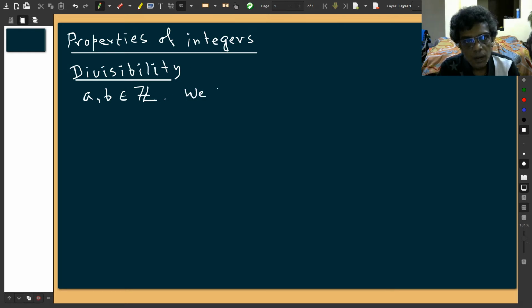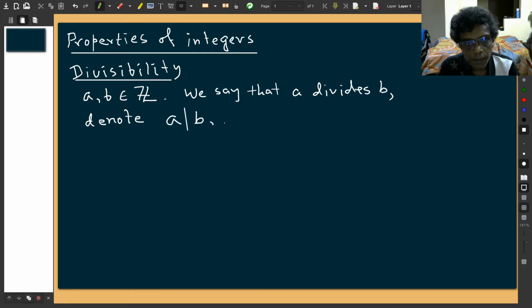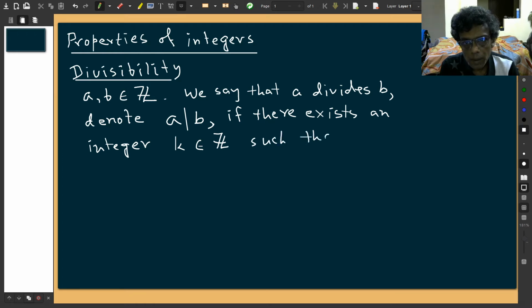So, we say that a divides b, and denote this as a | b, if there exists an integer, let's say k, this can be positive, negative, 0, whatever, such that b can be written as a times k.